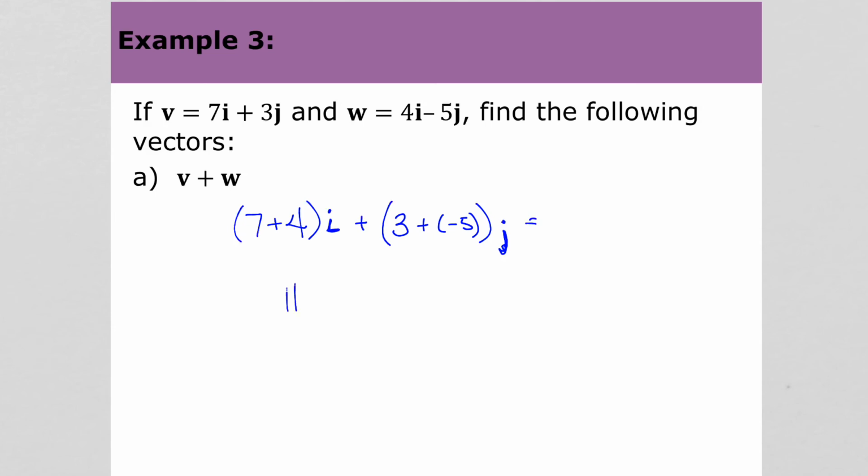Seven plus 4 is 11, so it'd be 11i, and then 3 plus negative 5 is negative 2, so 11i minus 2j.